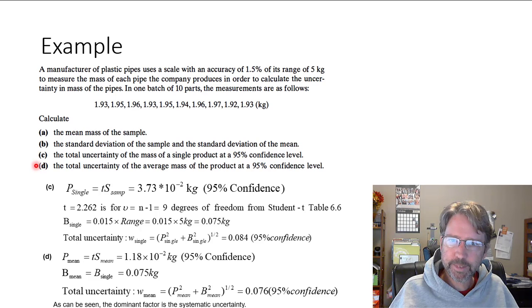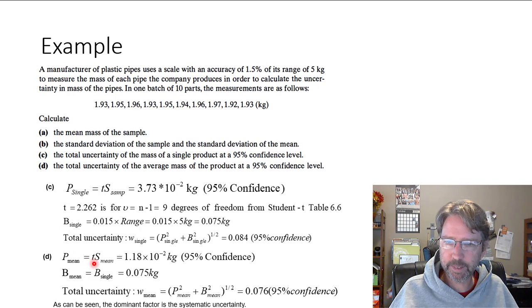When we're looking at C and D doing the total uncertainty, I would actually usually calculate the total uncertainty in the mean first, because that's what we've been doing for chapter 6 the most. So in the mean, we have T S divided by the square root of n, which is the S of the mean. We need the T from the student's T table. We have n of 10, so V is 9, and 95% confidence level, so we get a T of 2.262.